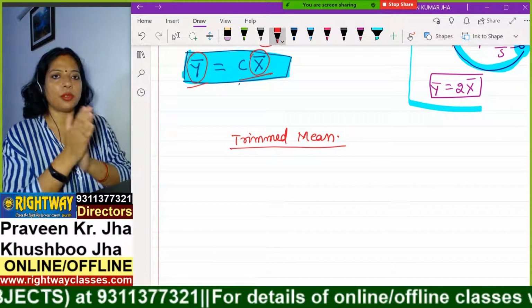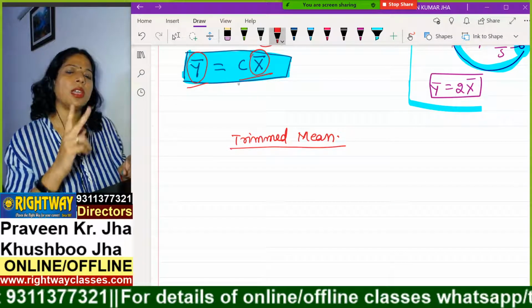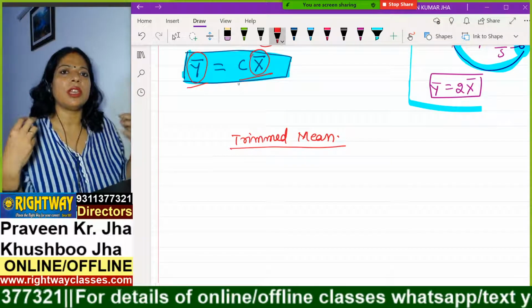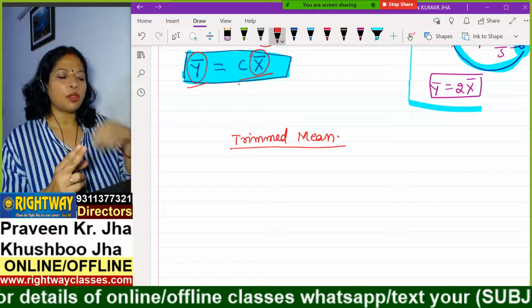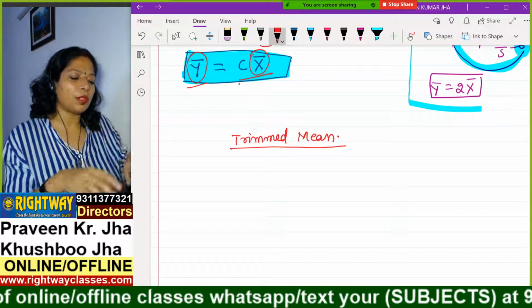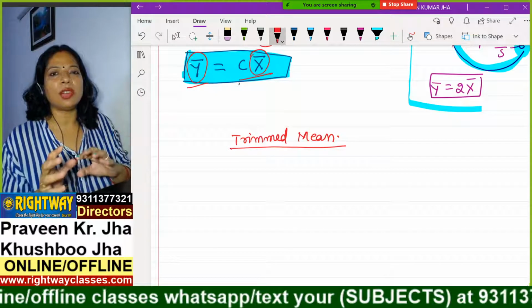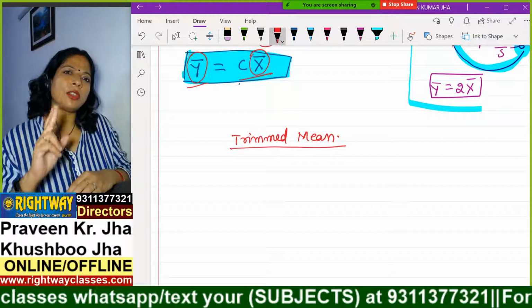Whatever comes to your mind, I don't know. But trimming means cutting, like beard or hair. Trimming means removing unwanted growth. If you are trimming your beard or hair, some hairs grow and become outliers that we don't want to grow in a certain way, so we trim them.